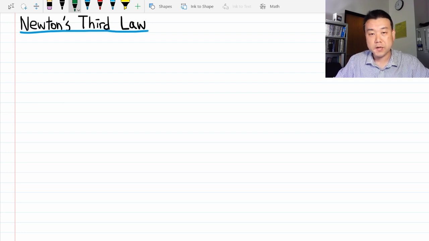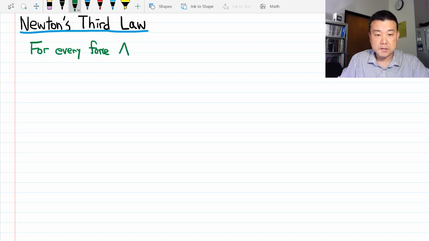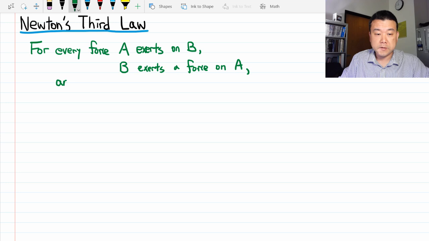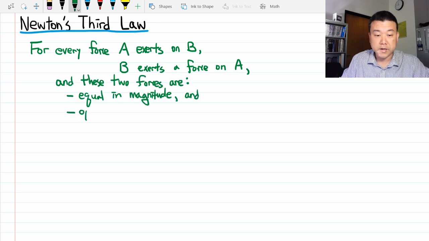It's a more cumbersome, longer way to state it, but people have been confused about Newton's third law often and long enough that I think this extra time is worth it. So this is how I would like to state it: for every force A exerts on B, B exerts a force on A. And these two forces are equal in magnitude and opposite in direction.